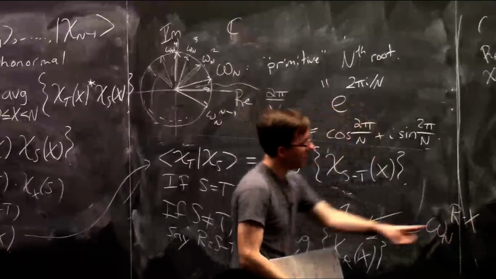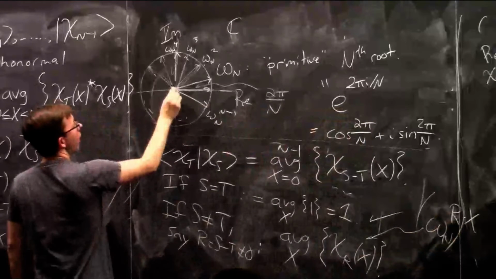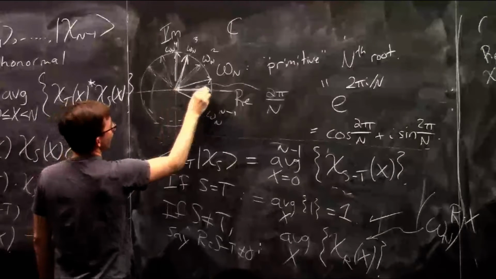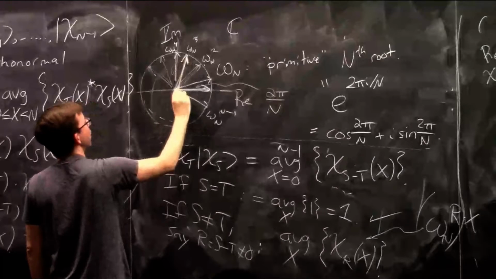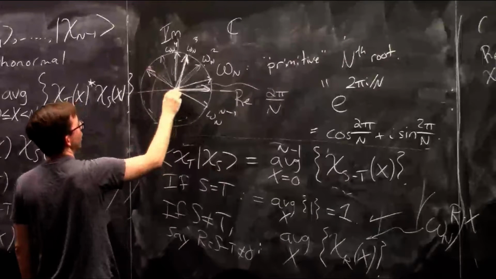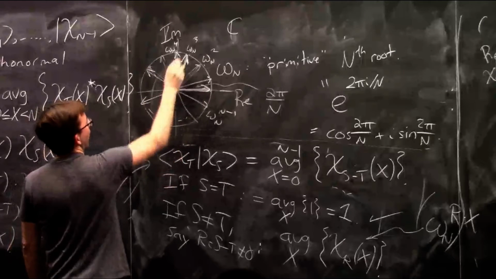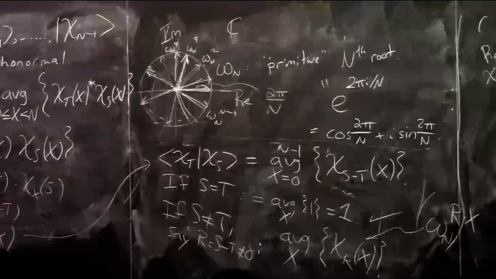So as you're varying x, you're getting powers of omega to the r. If r is 3, you're getting the average of this vector, the 0th power, the first power of omega cubed, the second power, the third power, the fourth power, and it goes all the way around. The center of gravity of these vectors is 0 by symmetry.